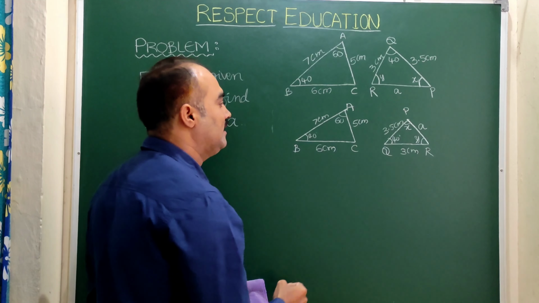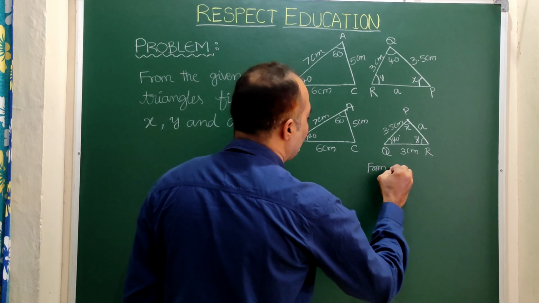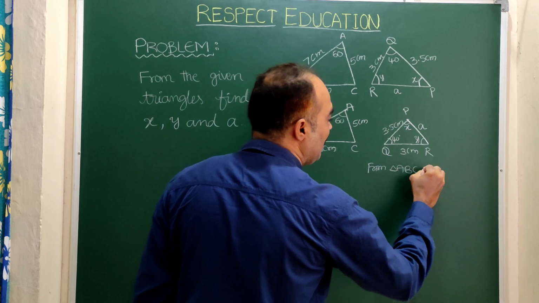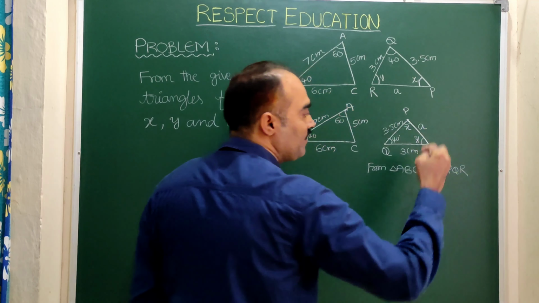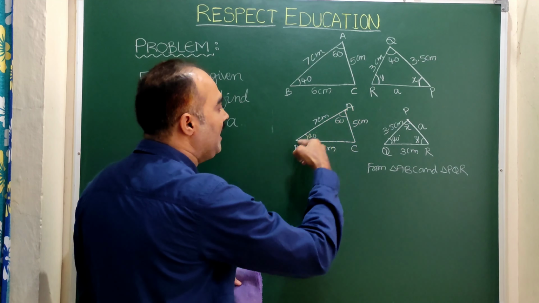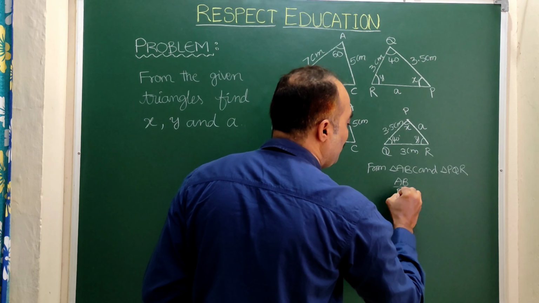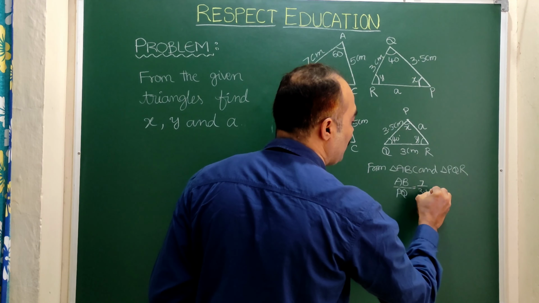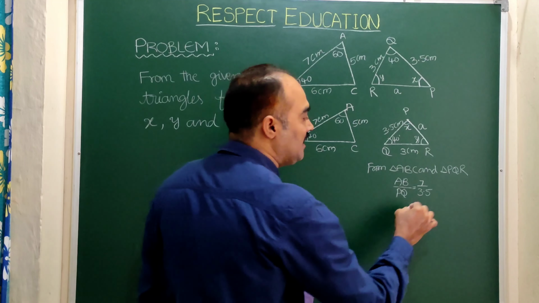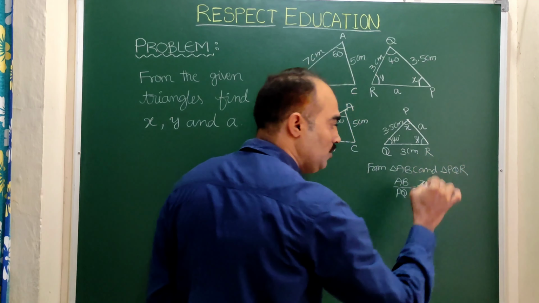on what criterion. So let us write from triangle ABC and triangle PQR, AB by PQ. If you consider those values, that is 7 by 3.5. On cancellation, 3.5 one time, 3.5 two times, so it is 2.